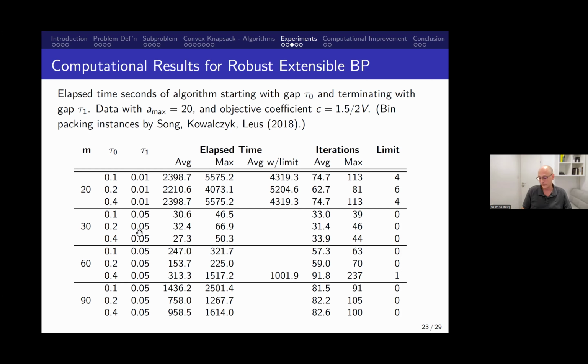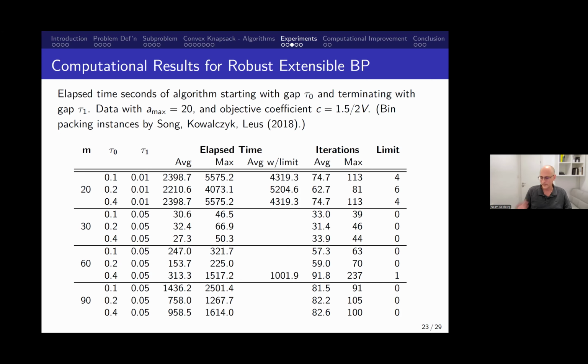So you can see here, with the final looser optimality gap, most of the times we have improvement with starting with the looser optimality gap. And okay, but we see these instances are quite challenging, right?